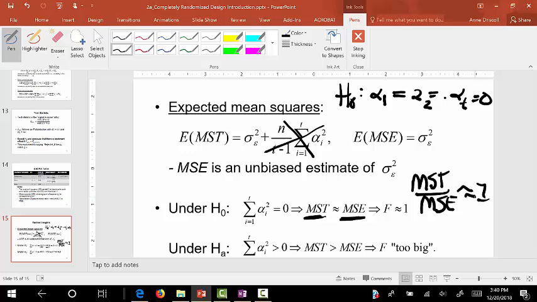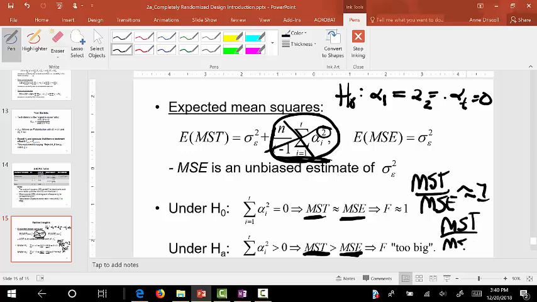Okay? However, if one of these is different from 0, then this term comes back into play, right? And so we would have the sigma squared epsilon, but then you have this term, and it has to be positive because we're squaring it, right? So this MST is going to be bigger than the MSE. So if you look at the ratio of MST to MSE, then this has to be bigger than 1.